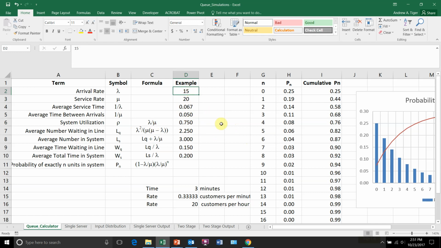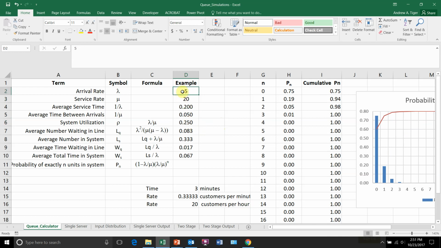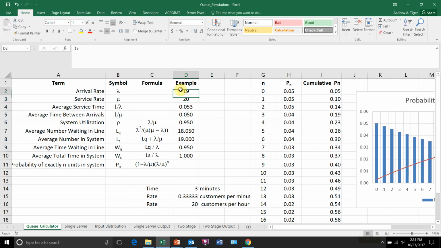Now notice what happens if I don't have very many people show up. If the arrival rate is only 5 per hour and I can process people 20 per hour, then my utilization is really low. But what if people show up really a lot, 19 per hour, and I process people 20 per hour? You can see my utilization gets really high. And for a long-term period, this number has to be less than this number.